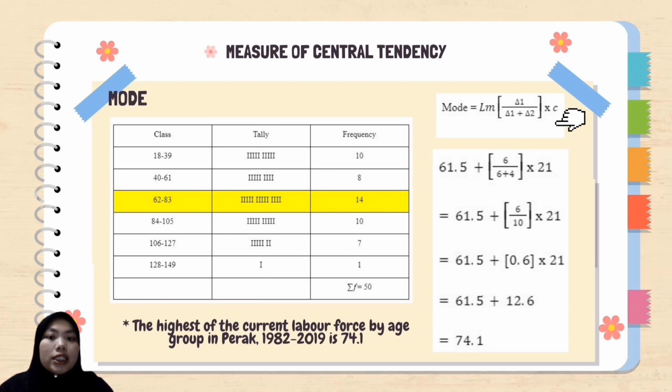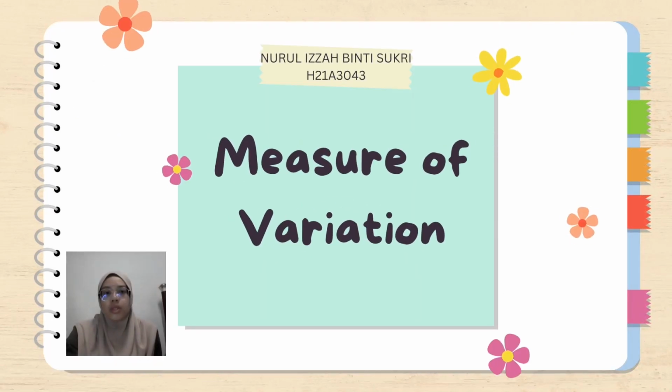This is the formula. The last calculation of mode is 61.5 plus 0.5 multiplied by 21. So the number that we get is 74.1. The highest of the current labor force by age group in Perak is 74.1.